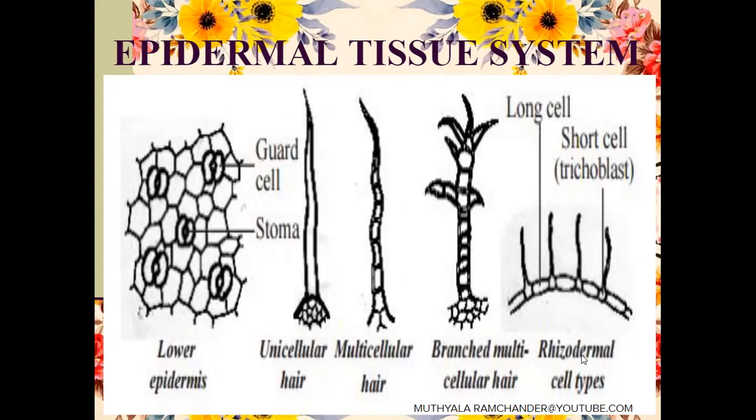That is the rhizodermal cell in the root system. The remaining epidermal cells are large in size. In root anatomy, epidermal cells produce rhizodermal cells, but the shoot and leaf epidermal systems contain unicellular hairs, multicellular hairs, and branched multicellular hairs.